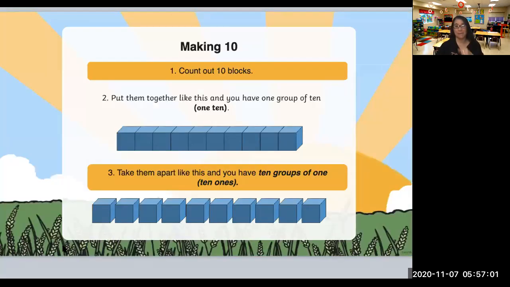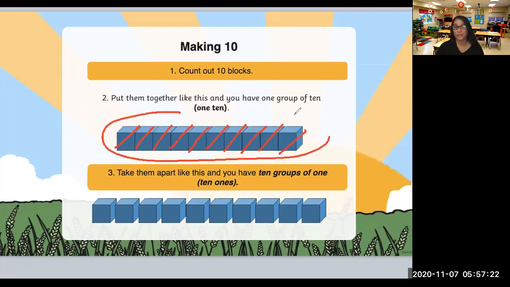Okay, let's make another example here. Let's try making tens. Let's count out those 10 blocks. 1, 2, 3, 4, 5, 6, 7, 8, 9, and 10. This is one group of 10 blocks.